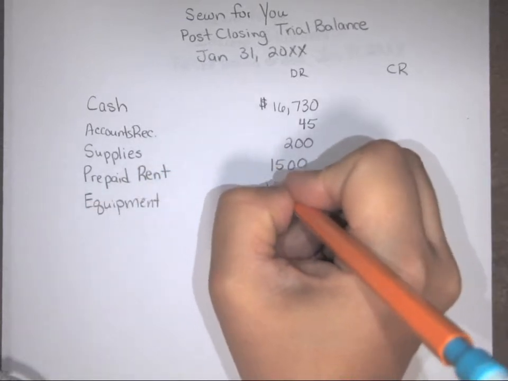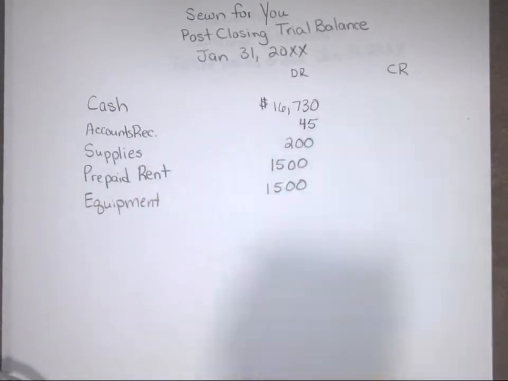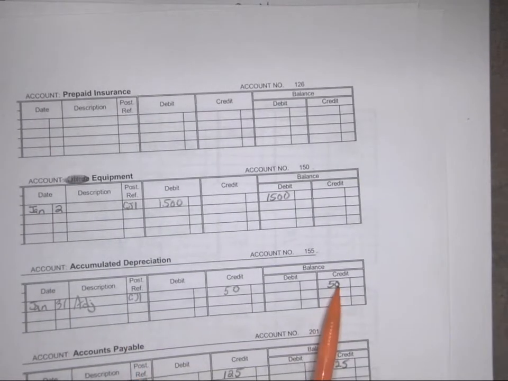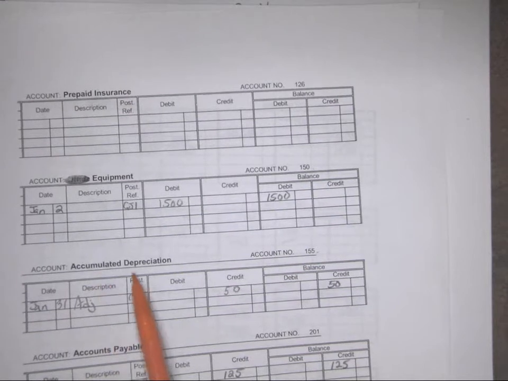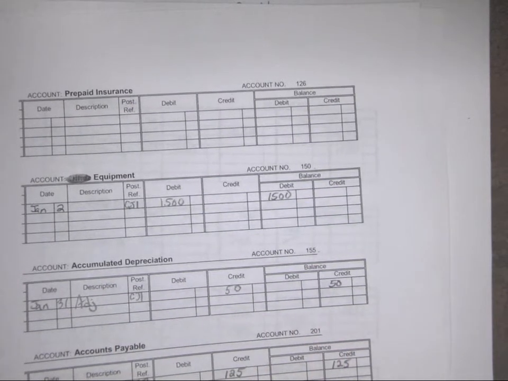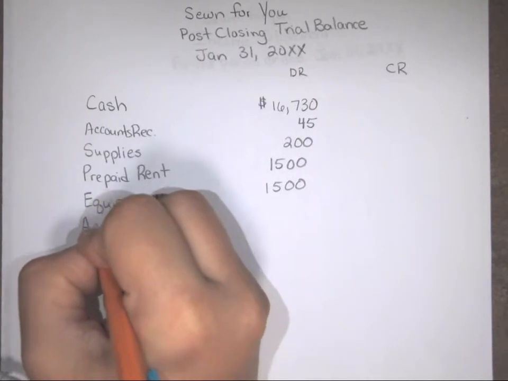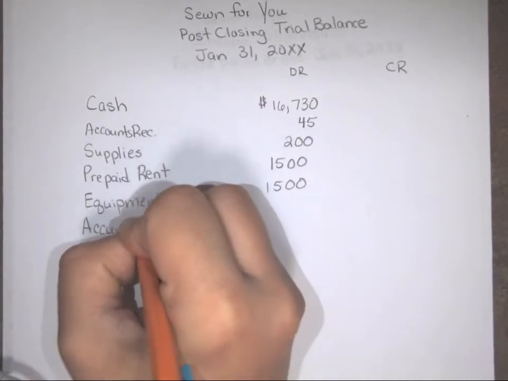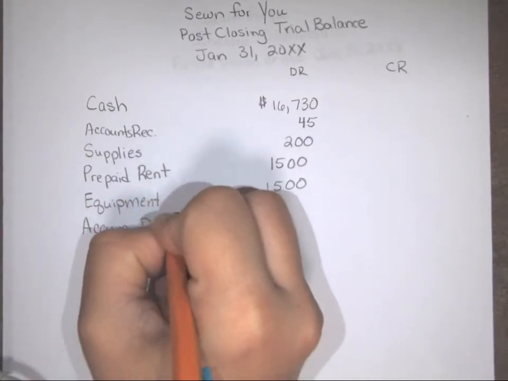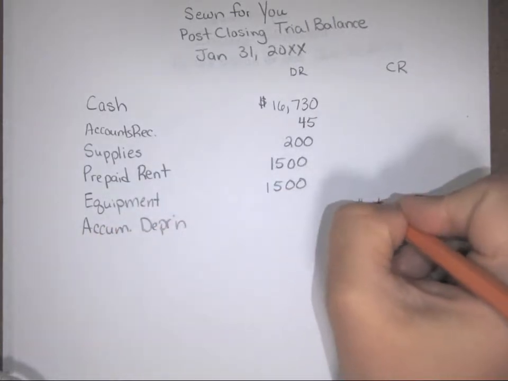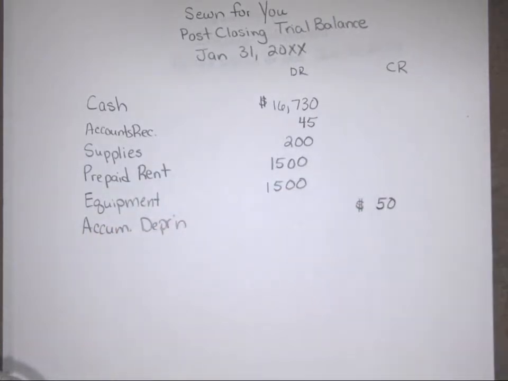So all we're doing is just taking this information and copying it. The next one gives us our first credit account, and that is accumulated depreciation, and is a $50 credit. So we would come in and put accumulated depreciation. Is this going to get a $? Yes, because it's the first one in that particular column.